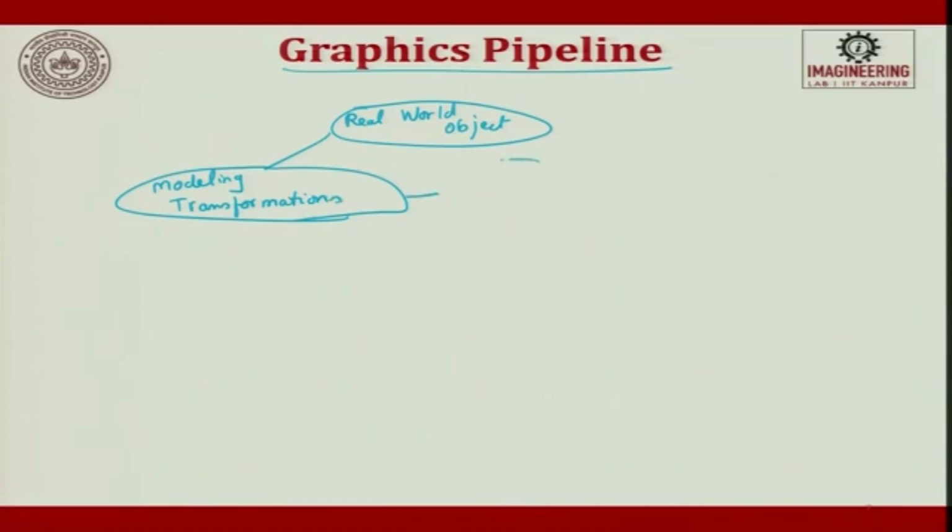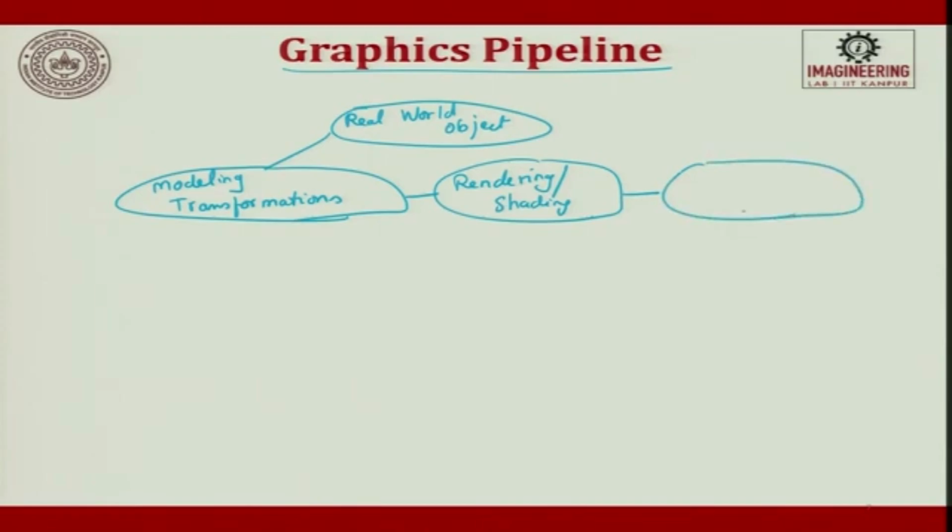Then it leads to rendering/shading. You have a product, you are trying to develop the product, now you have to give a texture to the product. Then we have a viewing transformation.